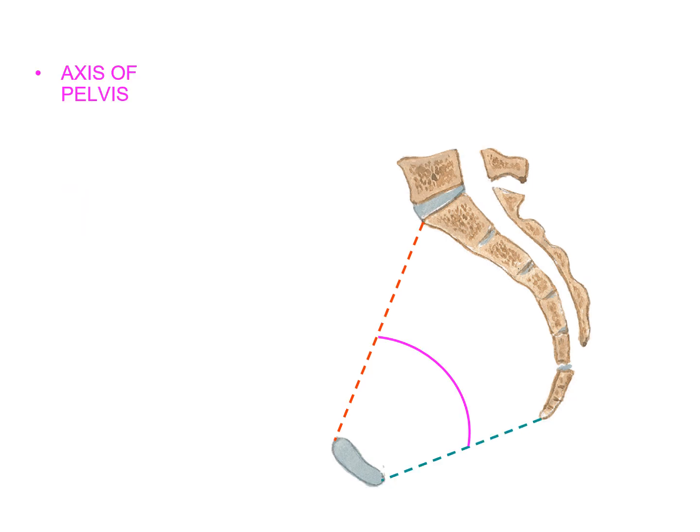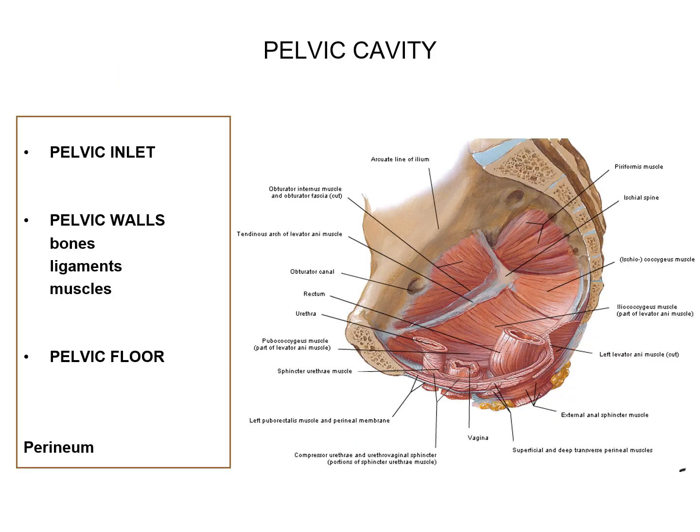The axis of pelvis is a virtual line, the center of all median diameters between pelvic surface of the sacrum and pubic symphysis. The bowl-shaped pelvic cavity, enclosed by the true pelvis, consists of the pelvic inlet, walls, and floor.